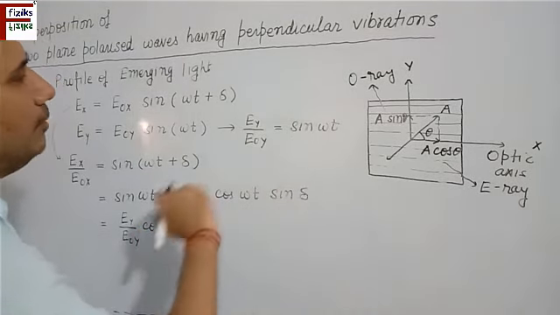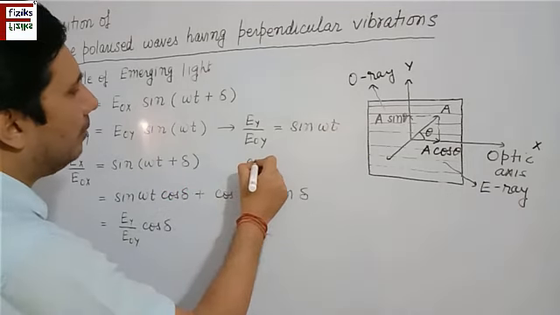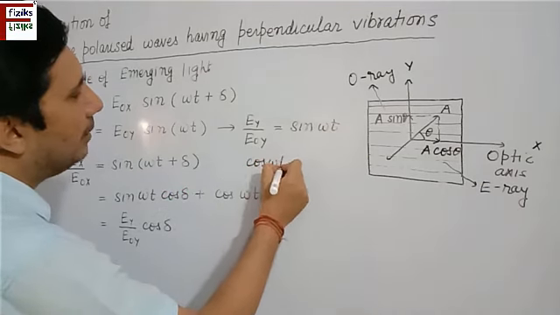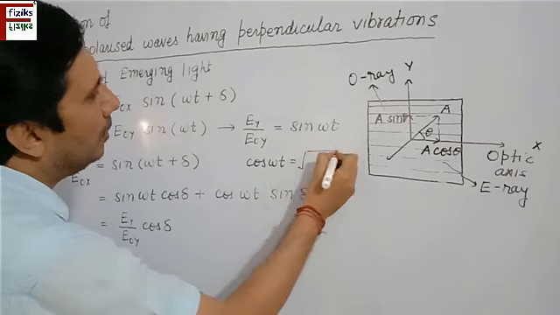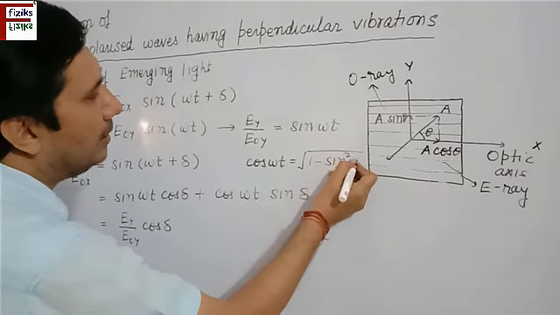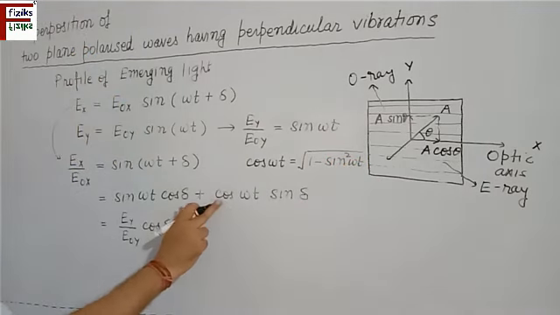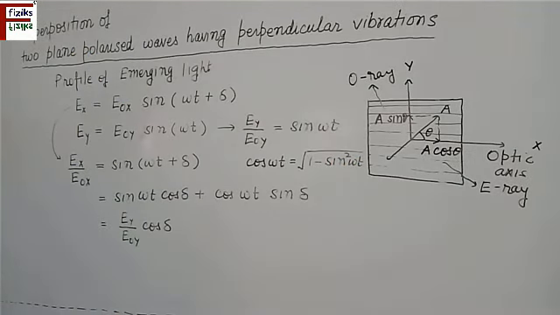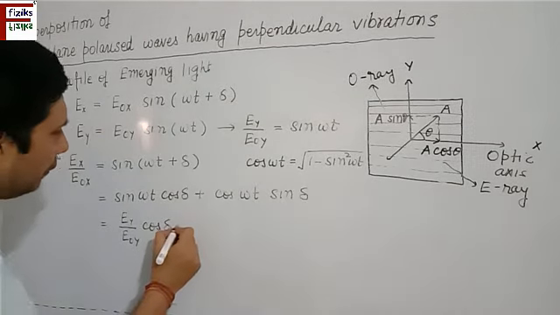You are aware of sine omega t. So cos omega t will be how much? Cos omega t will be equal to under root 1 minus sine square omega t. Substitute the value here, we can find out cos omega t. So what will be the value of cos omega t?